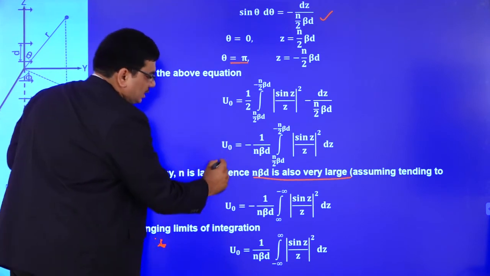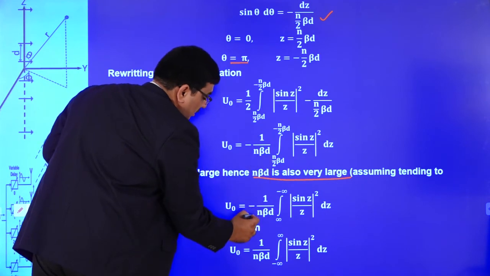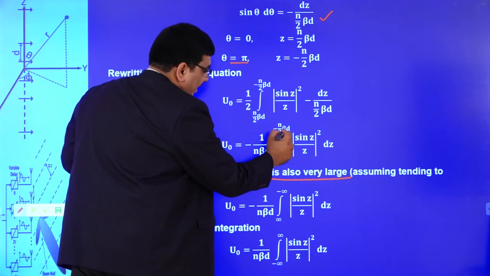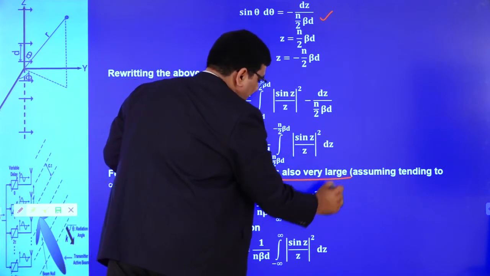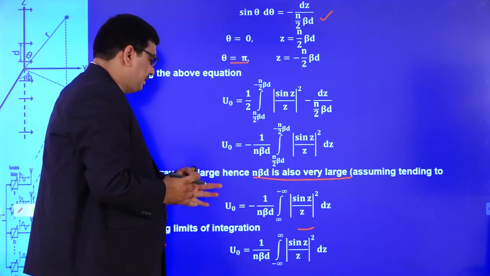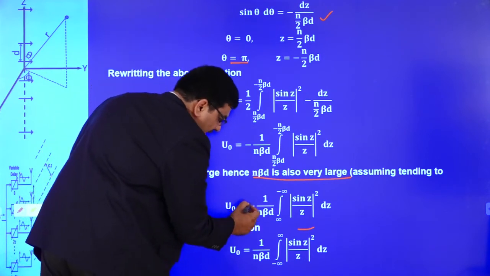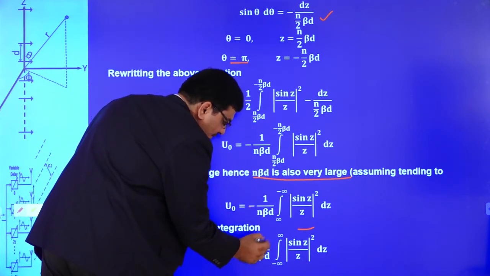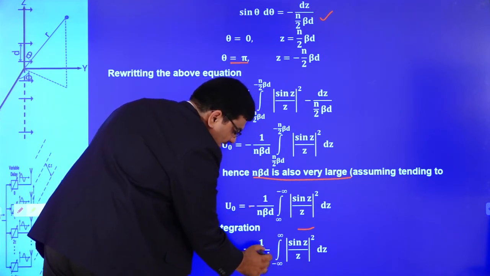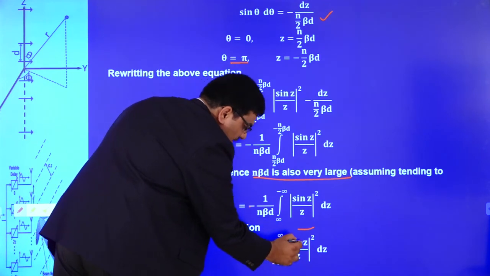So our integration terms change to U0 is equal to minus 1 by n β d into the integration from infinity to minus infinity of (sin z by z) whole square dz. If we rearrange the limits, the minus sign is gone because we are interchanging the integration limits. So 1 by n β d times the integral from minus infinity to plus infinity of (sin z by z) whole square dz.